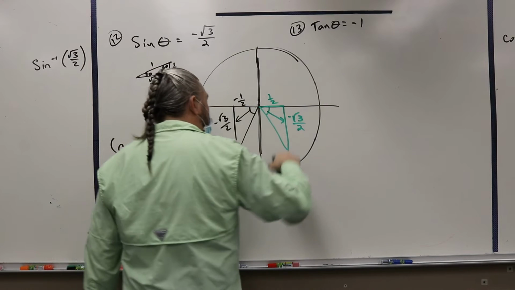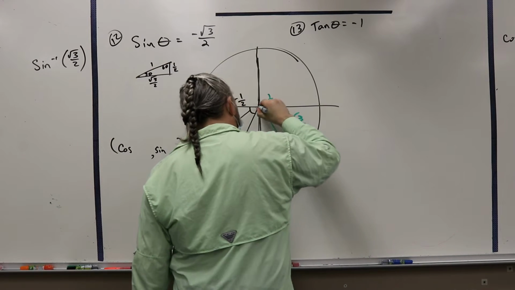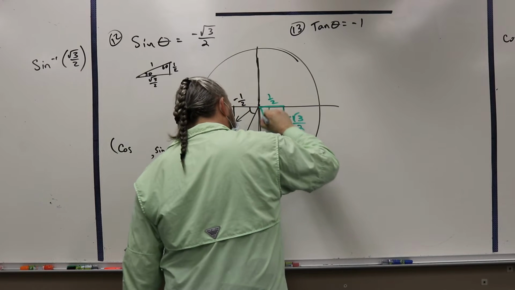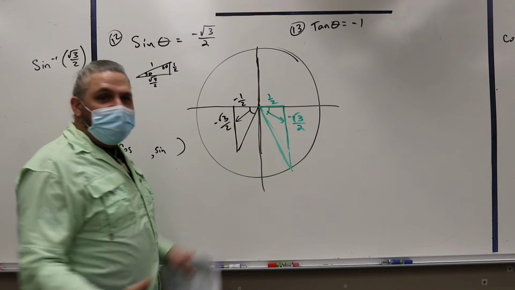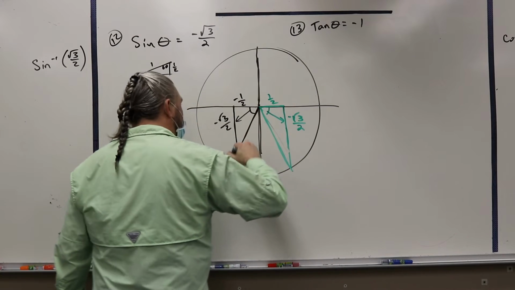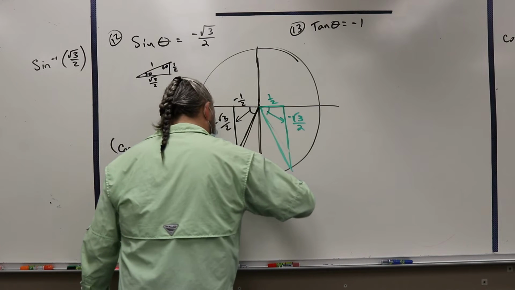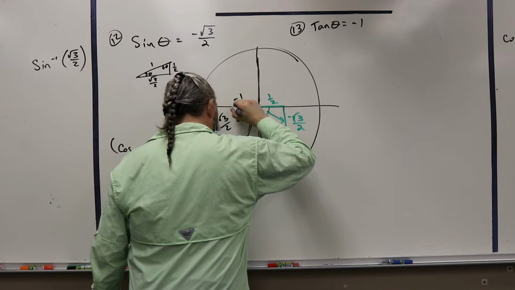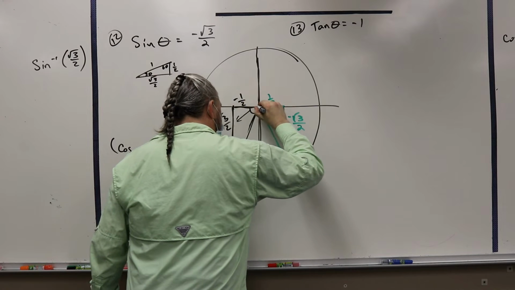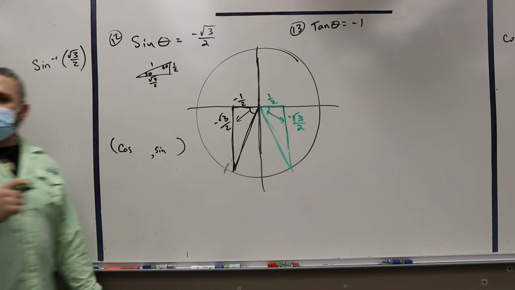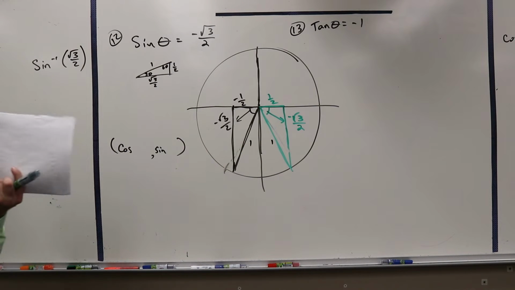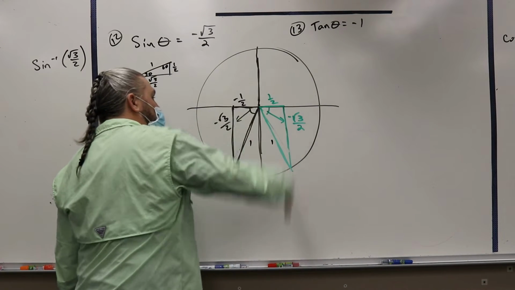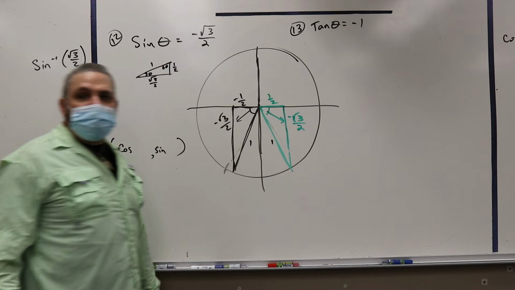We're really talking about this going on the unit circle, it's going to here. Does that make sense? Whereas this is 1, because the hypotenuse is always 1. So our negative on sine is here.